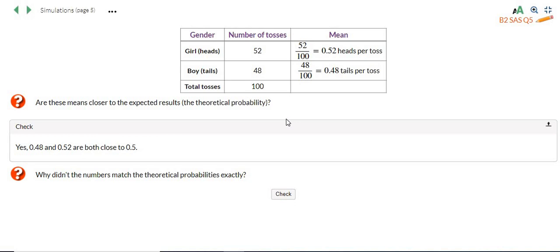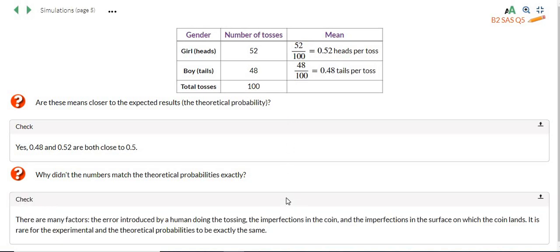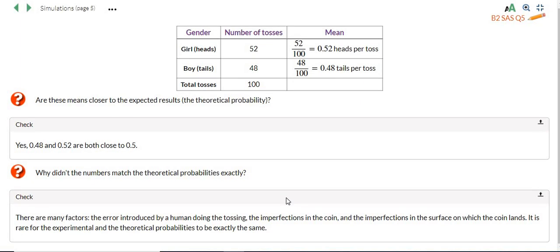Okay, number 6 says, why didn't the numbers match the theoretical probabilities exactly? They do not match them exactly. There's many factors that could play a part, but basically, we need a larger number of trials to get the exact theoretical probability.